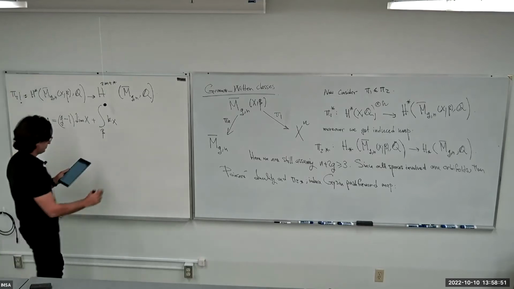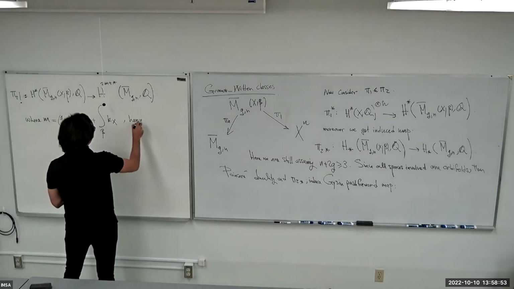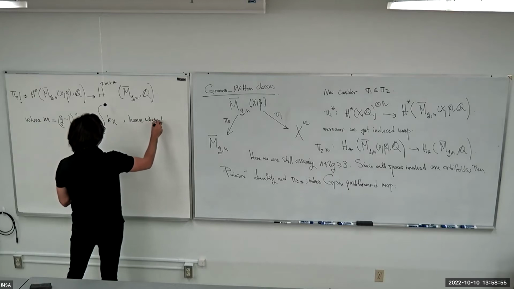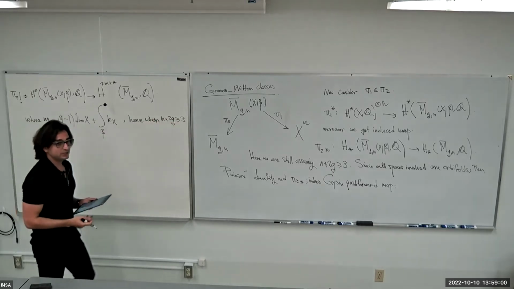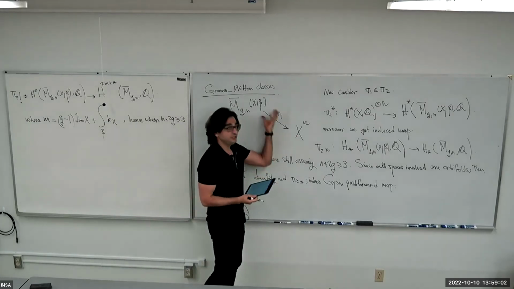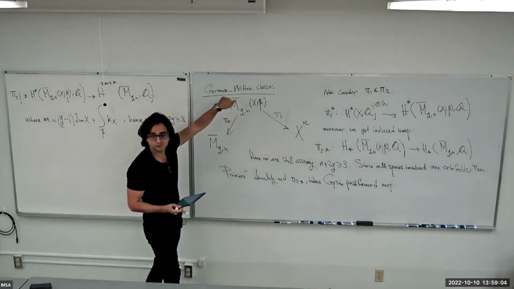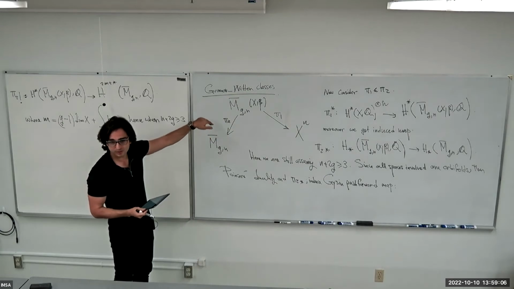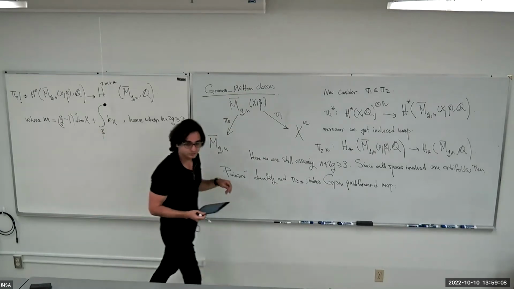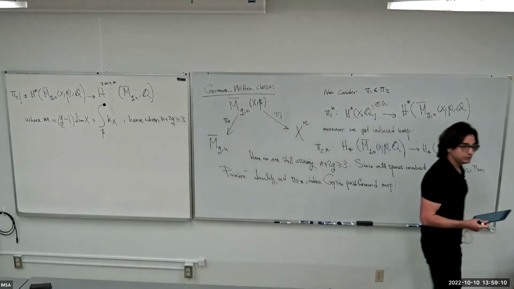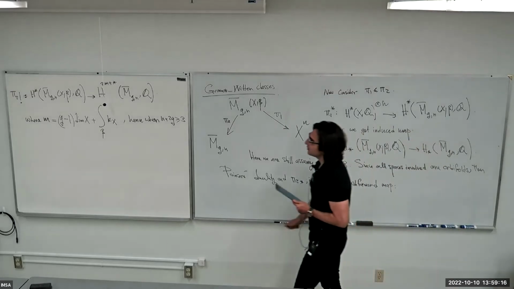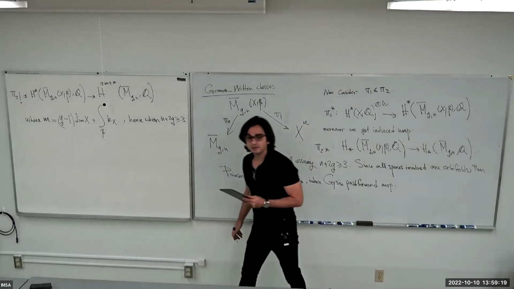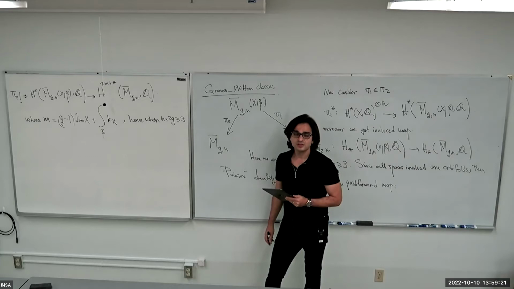So when n plus 2g is bigger than 3, pulling something back from here and using the Gysin push forward to here. The Gysin map, I encourage you to search on the internet: Gysin push forward and pull back map, Gysin map. Also look at the book of Fulton if you like, or EGA 7, SGA 7.